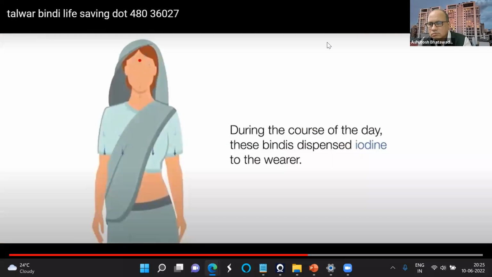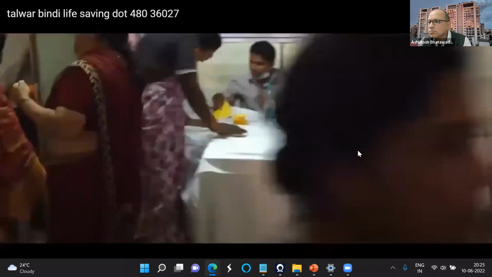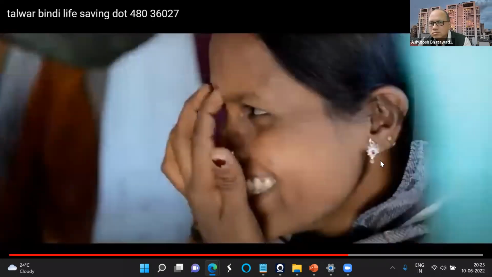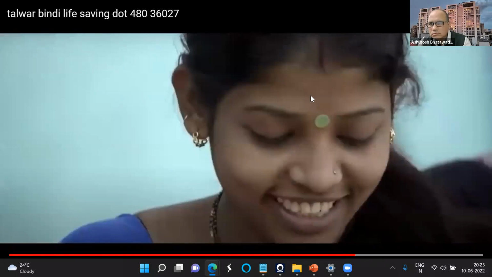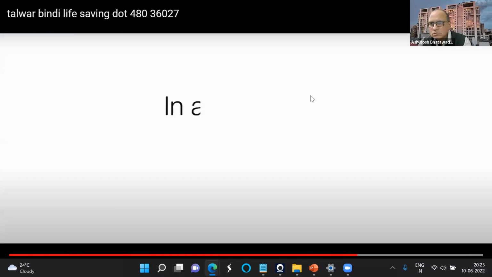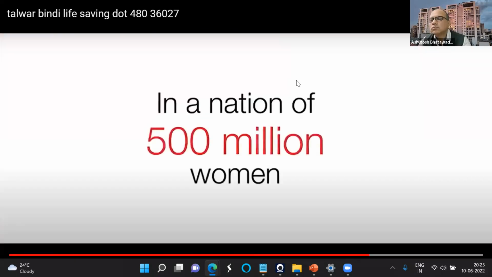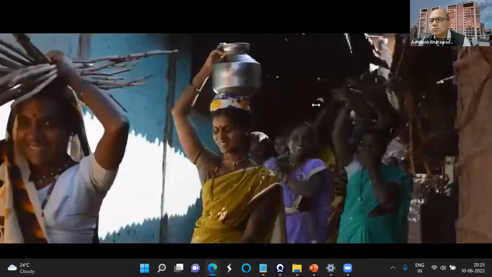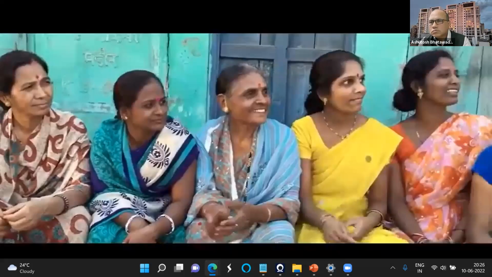Specially created, these life-saving dots were distributed to women across rural India via health camps. These tiny little dots were no longer just a symbol of beauty. They now spelled the difference between life and death.